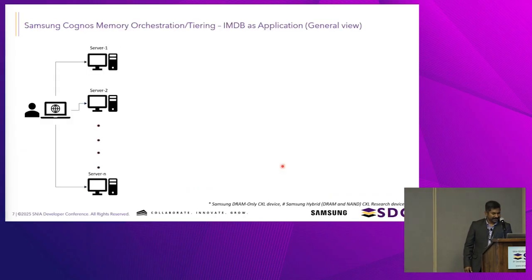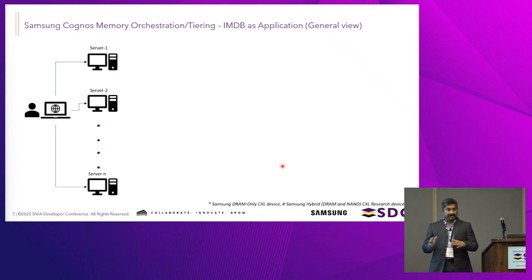Now, jumping to what we have done. We have taken a distributed in-memory database. It can be anything like Redis, GemFire, SAP HANA, or Memcached. It is all distributed, and we have deployed it in a cluster. In our experiment, we used a 3-node cluster, but our hypothetical baseline cluster is 150 nodes, based on inputs from one of our many customers.